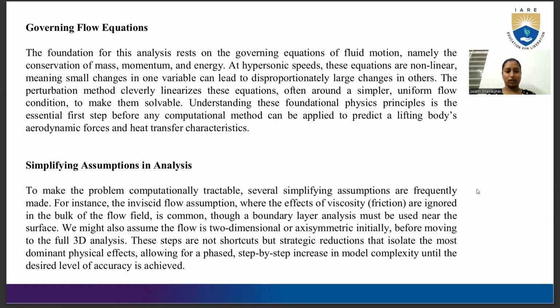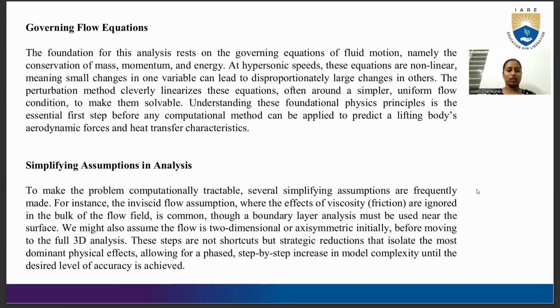The perturbation methods cleverly linearize these equations, often around simple uniform flow conditions, to make them solvable. Understanding these fundamental physics principles is the essential first step before any computational method can be applied to predict a lifting body's aerodynamic forces and heat transfer characteristics.